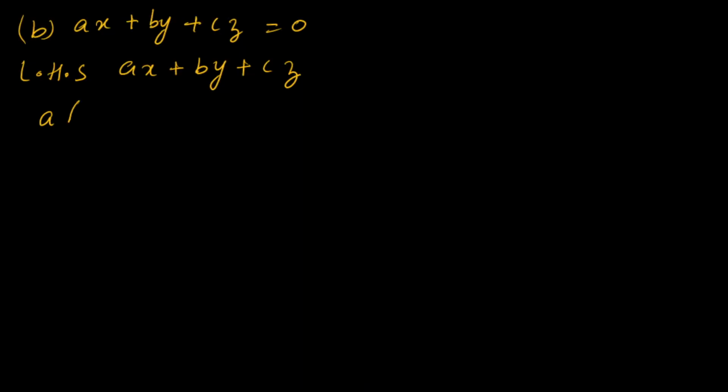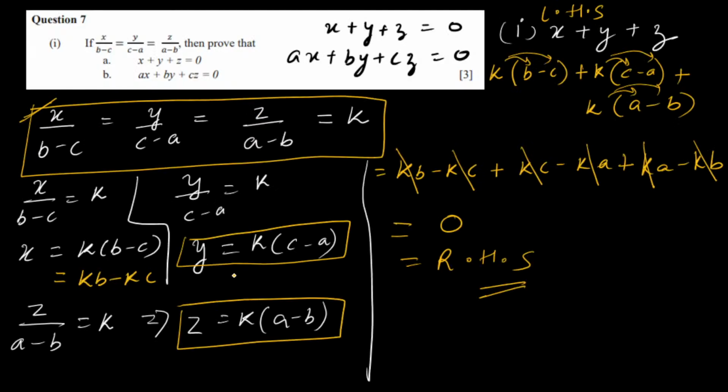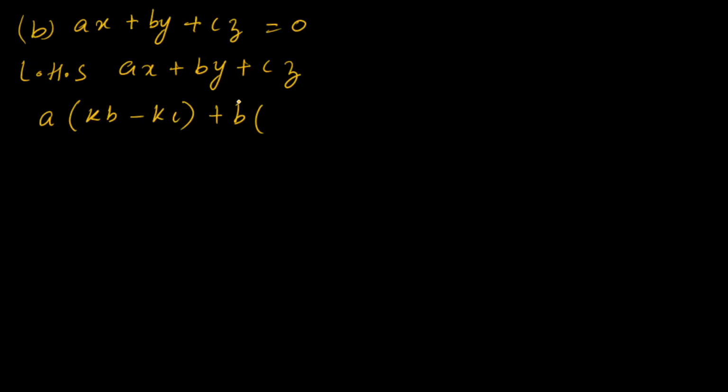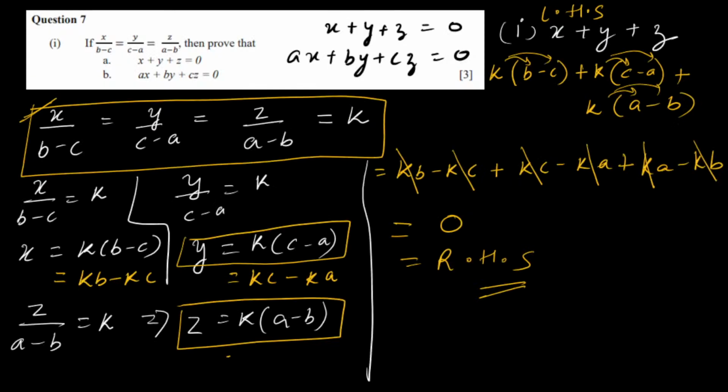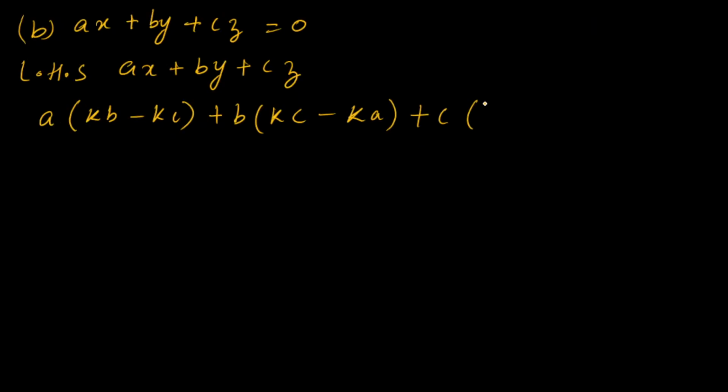So a into kb minus kc, plus b into y's value, kc minus ka, plus c into z's value, ka minus kb. Again we do bracket multiplication.